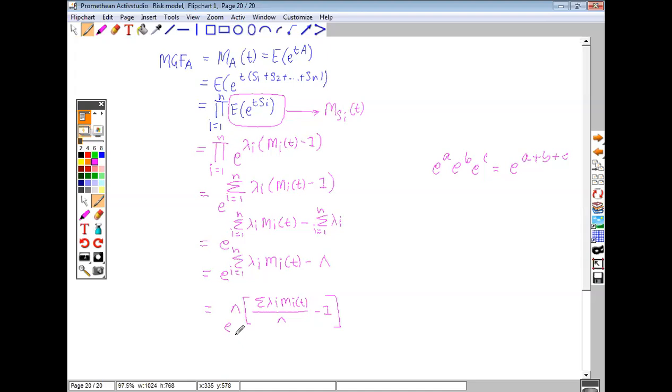Does it look similar to the MGF of the Poisson distribution?